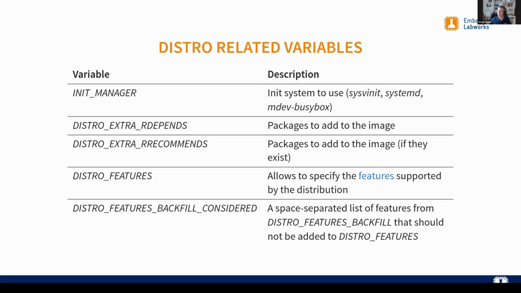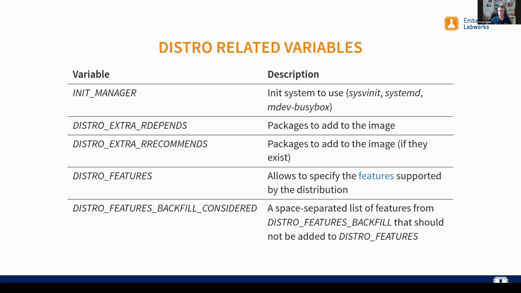Those are a few variables that can be used at the distribution level to change or include packages, that can cause the inclusion of packages in the image. I will not go over all of those variables. Of course, you can check the slides later or check the documentation.